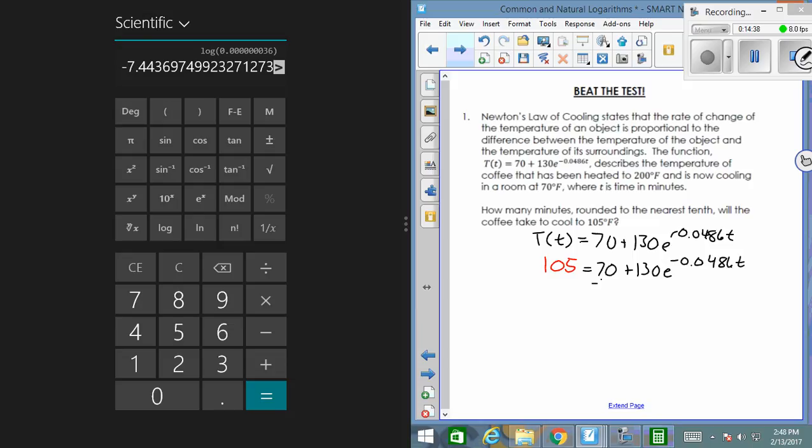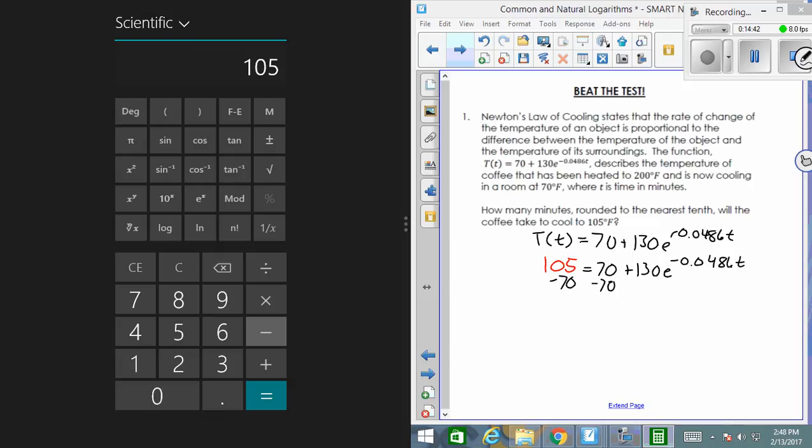Okay, we're going to subtract the 70 first, which gives me 35. Then divide both sides to get that decimal.